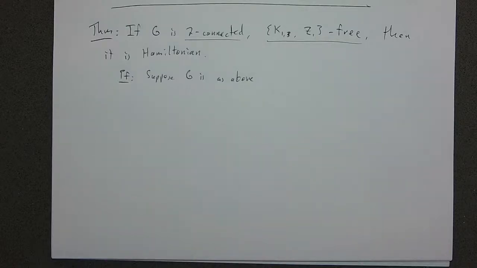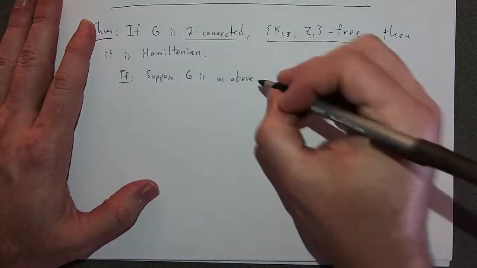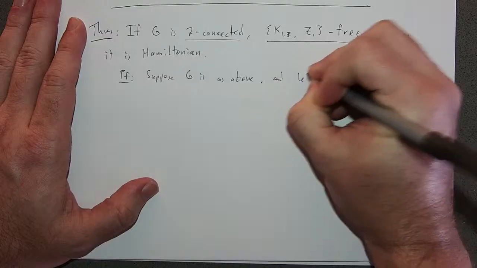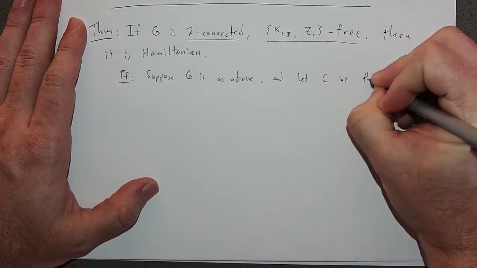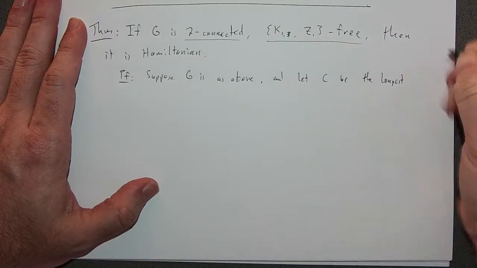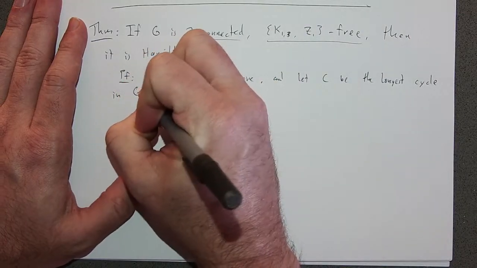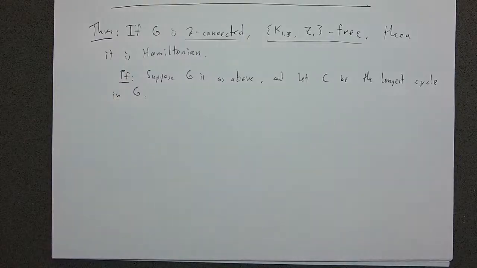Okay, so let G be as above, and let C be the longest cycle in G. Now, how do I know that a longest cycle in G exists? Well, G is a finite simple graph. If it has a cycle, then it has a longest cycle. What if it doesn't have a cycle? What if it is acyclic? Is that possible?